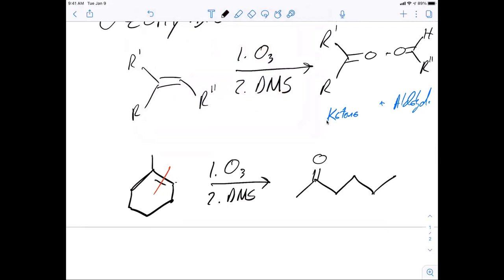I'm counting to make sure I get it right. So 1, 2, 3, 4, 5, 6. 1, 2, 3, 4, 5, 6. So we'll end up with this compound. You could end up with two aldehydes. You could end up with two ketones. It depends on what's attached to that alkene. So an alkene will just be cleaved.